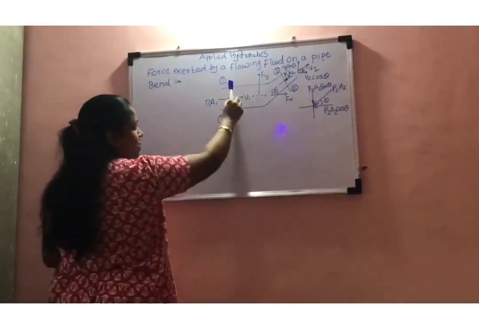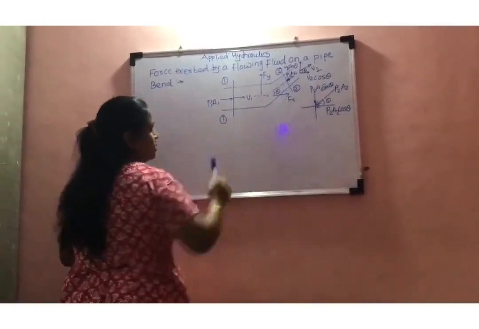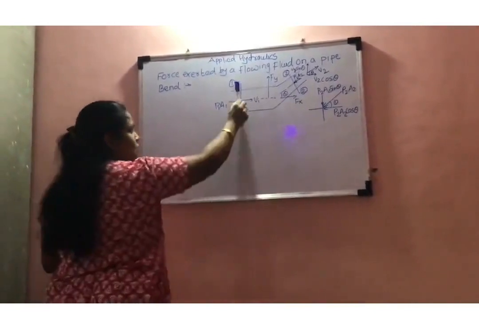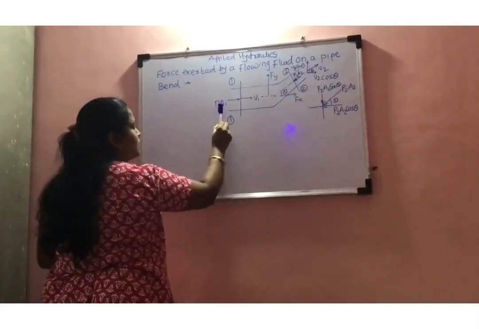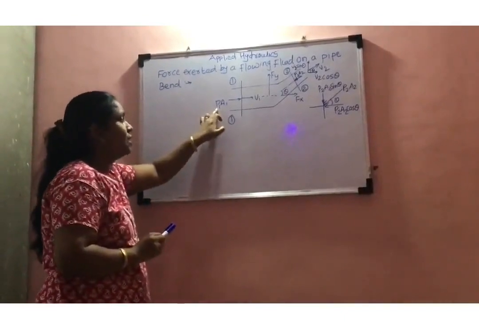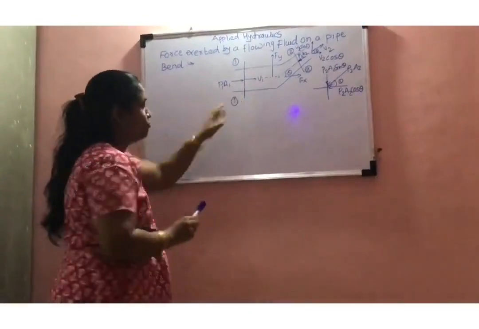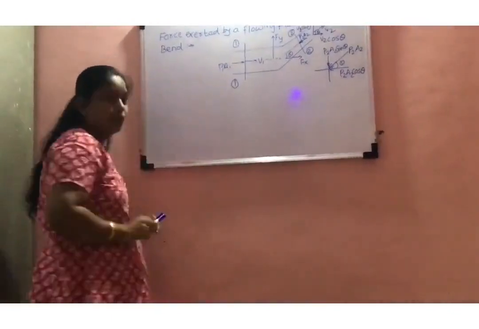So here we consider the two sections as section 1-1 and section 2-2. Along this section, obviously, there is a pressure force. It is a pressure force P into A1. This is the pressure force at this section.